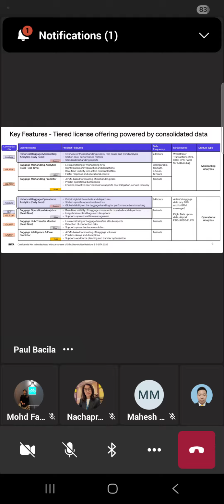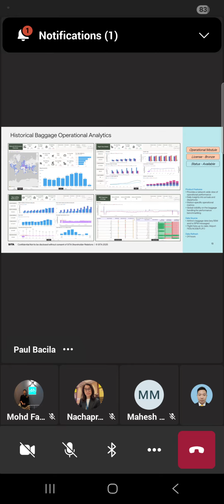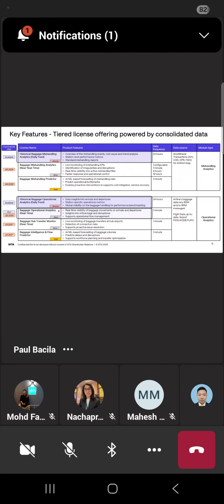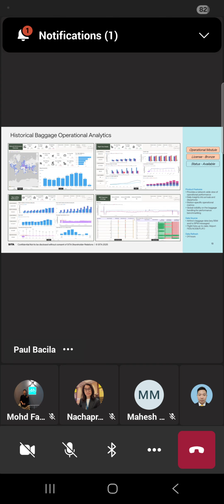Okay, so we'll continue. This is historical baggage operational analytics, the first module which I showed here, right? That is available as part of your Bag Journey contract, and this you'll get.